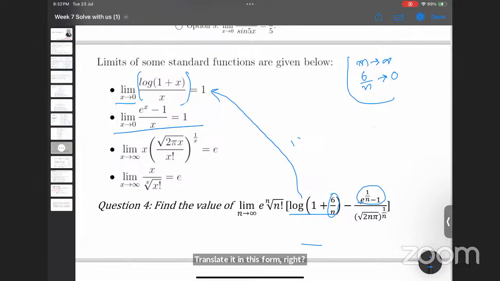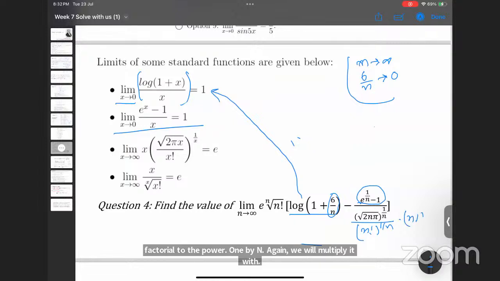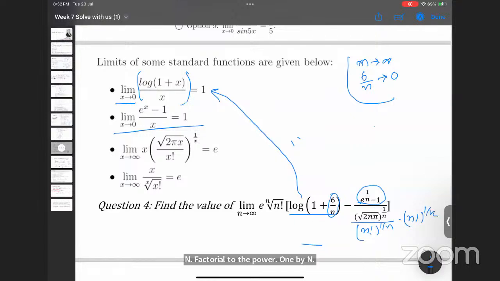Again, we are multiplying and dividing it with 1 by n. And again, with this form, we will divide it with n factorial to the power 1 by n. Again, we will multiply it with n factorial to the power 1 by n. Right?